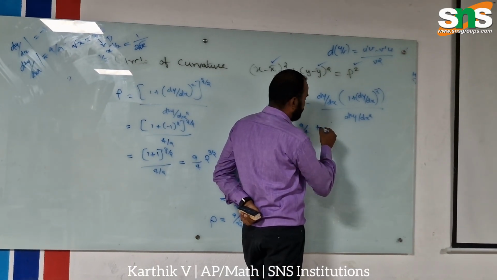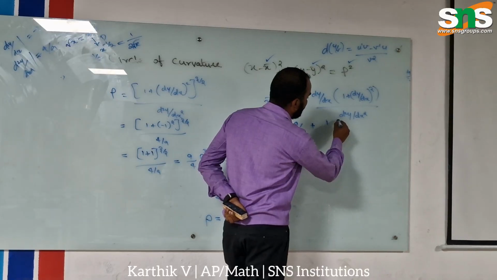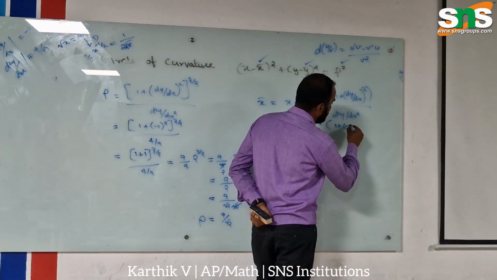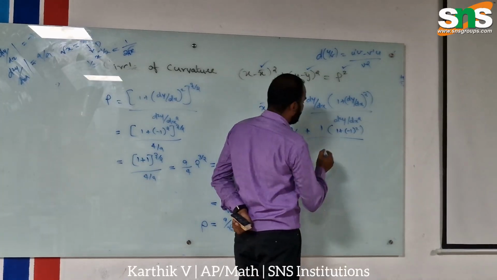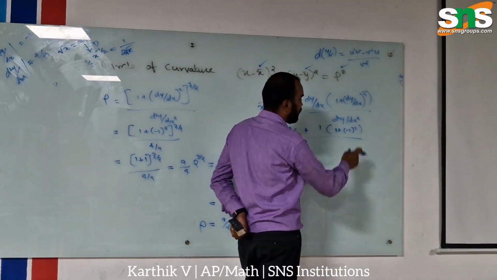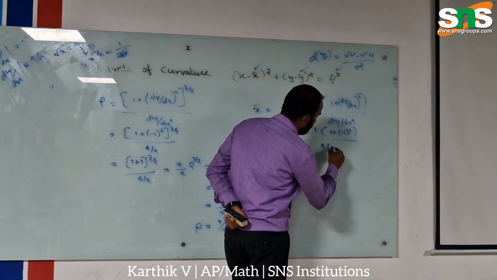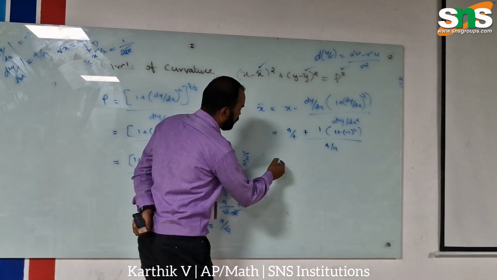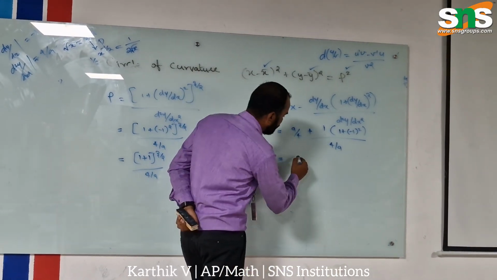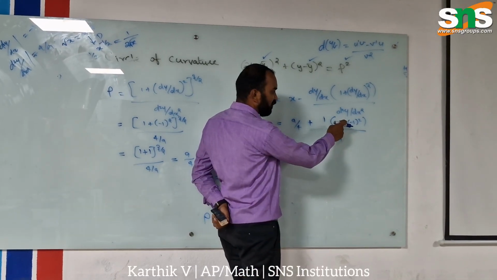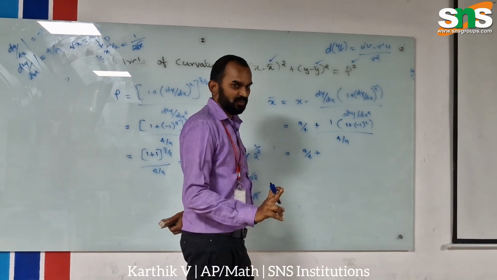Minus of minus is plus 1 into 1 plus dy by dx whole square, that is 1 plus minus 1 whole square, whole divided by d square y by dx square, whose value is 4 by a. Simplifying, a by 4 plus 1 into 1 plus minus 1 square, that is 1.